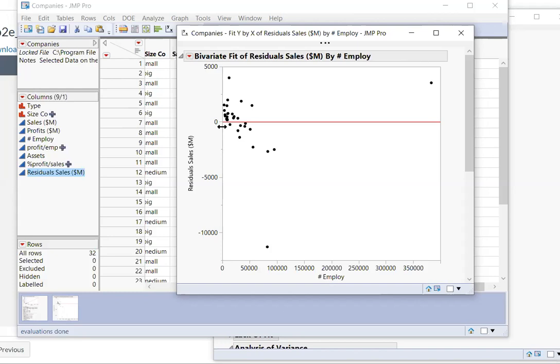How about variation? At the beginning, the variation is small here, large here, again small here. So you can see that we don't have similar variances, we don't have normality, we don't have independence of residuals.